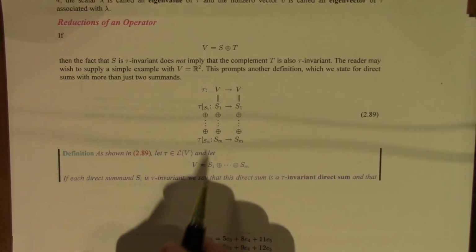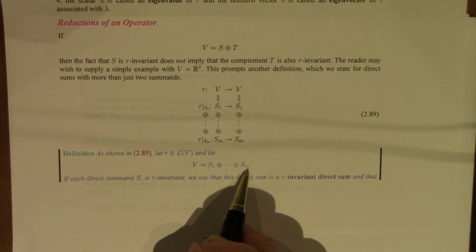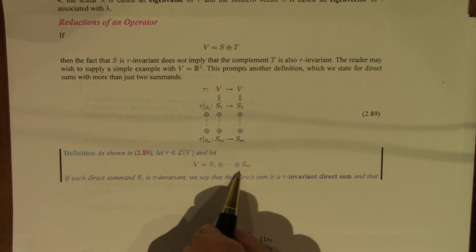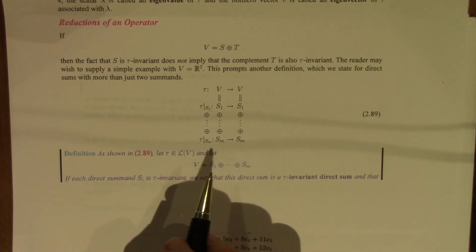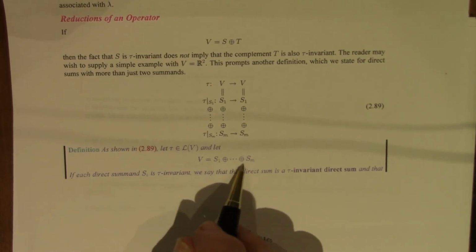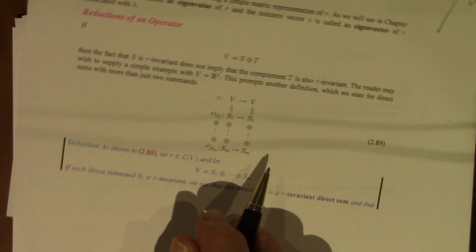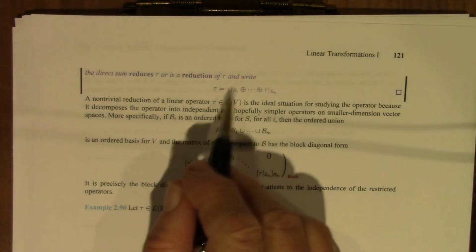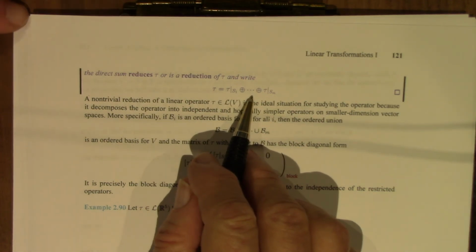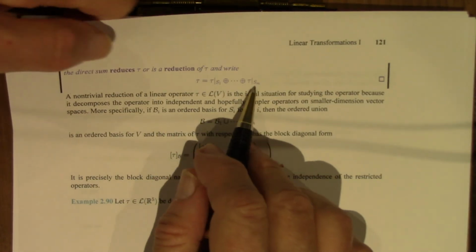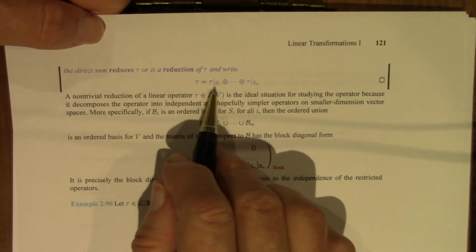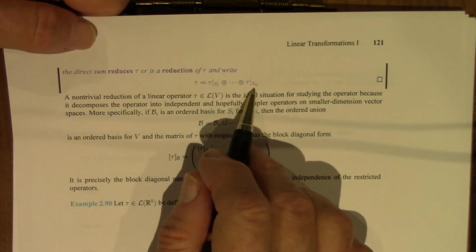When that happens, we refer to this direct sum as a tau invariant direct sum. It's a direct sum for which each summand is tau invariant. And we will permit ourselves to use the direct sum notation for these restricted operators. We've already defined the sum of linear operators, so we are now defining the direct sum.